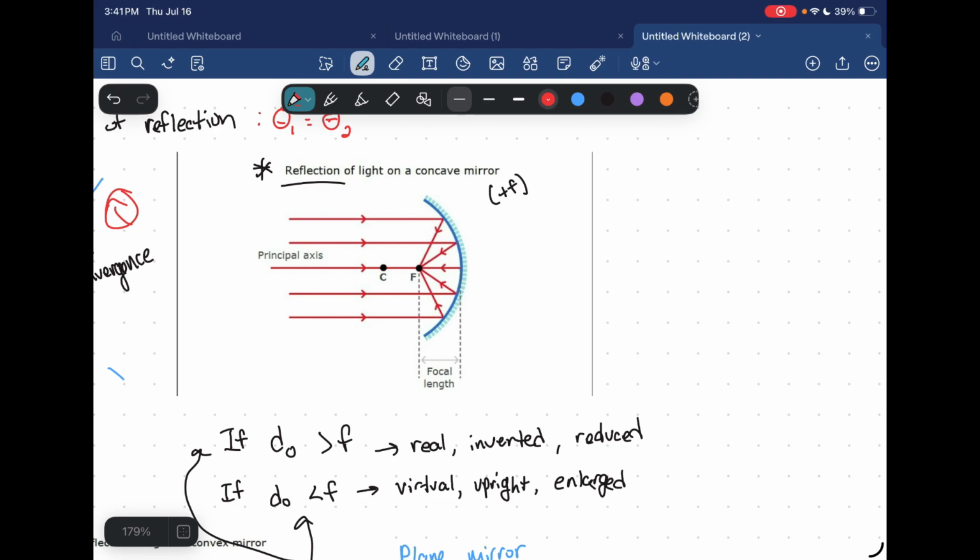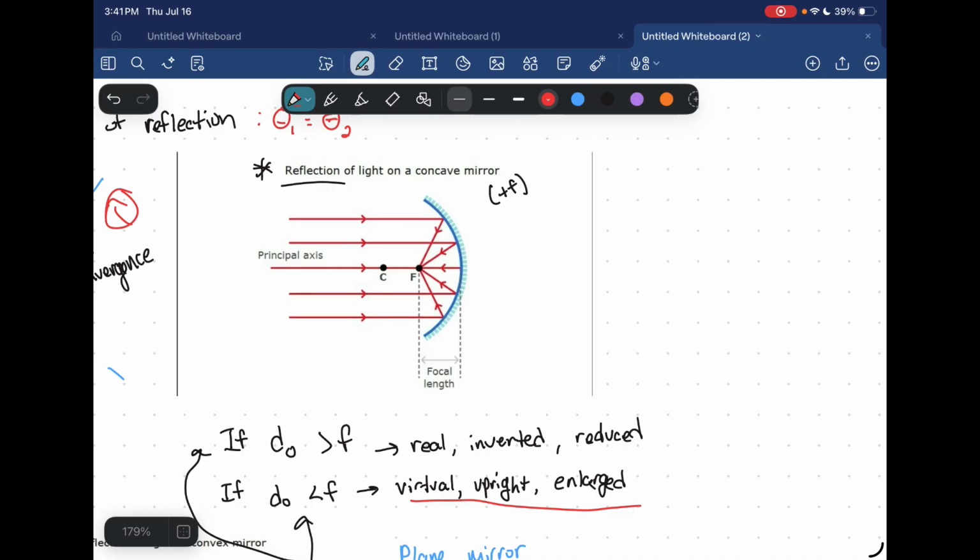But if the object is inside of the focal point, the reflected rays spread apart. Our brain, similar to the plane mirror, will extend those rays backward, making it appear as if they came from behind the mirror, which creates a virtual, upright, and enlarged or magnified image.